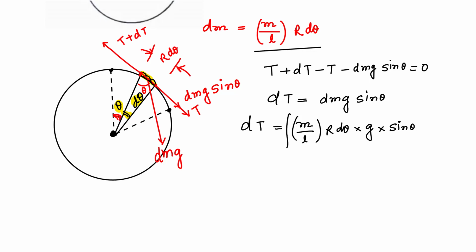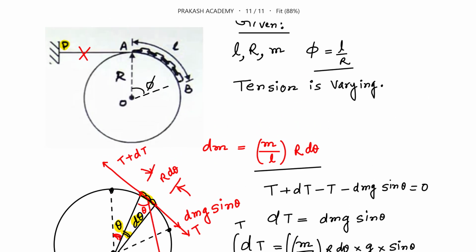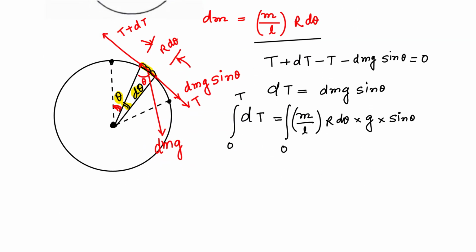Now I can integrate both sides. For tension, the tangential force, the limit will be 0 to T. And on this side, theta will be 0 at the top, that is 0, and 0 to phi, and phi we already calculated, that is L by R. So the final angle is L by R. So this is 0 to L by R.